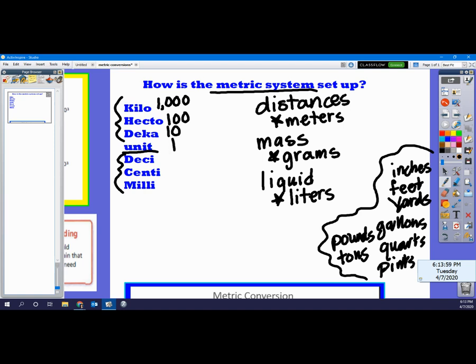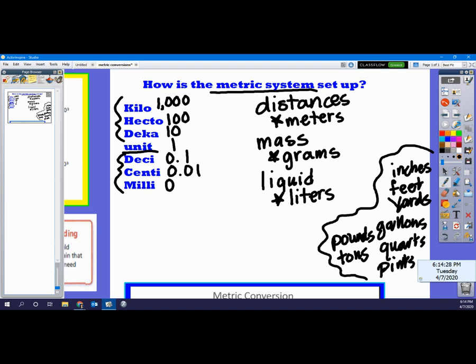Then when we need to measure things that are small, a decimeter, decigram, deciliter is 1/10 of a unit, whereas a centimeter is 1/100th of a unit, or a centigram or a centiliter is 1/100th of a unit.